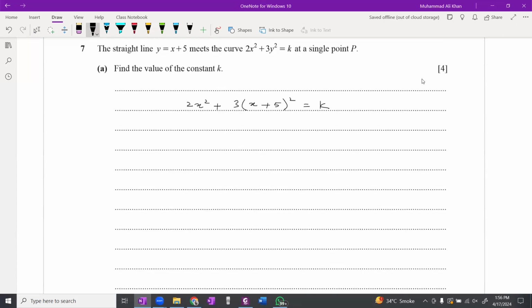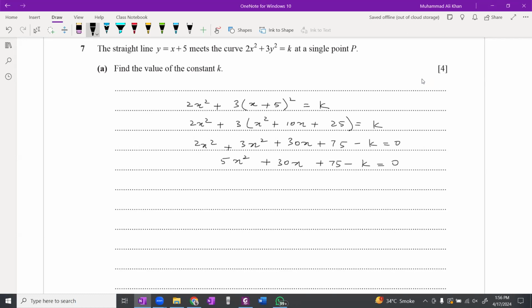So now, after that, it is 2x squared plus, expand the bracket, a squared plus 2ab plus b squared, equals k, and 2x squared plus 3x squared plus 30x plus 75 minus k equals 0. So it will be 5x squared plus 30x plus 75 minus k equals 0.